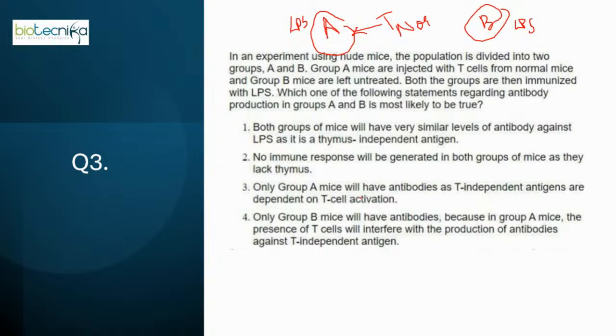Third: only group A mice will have antibodies as T independent antigens are dependent on T cell activation. Fourth: only group B mice will have antibodies because in group A mice, the presence of T cells will interfere with the production of antibodies against T independent antigen.